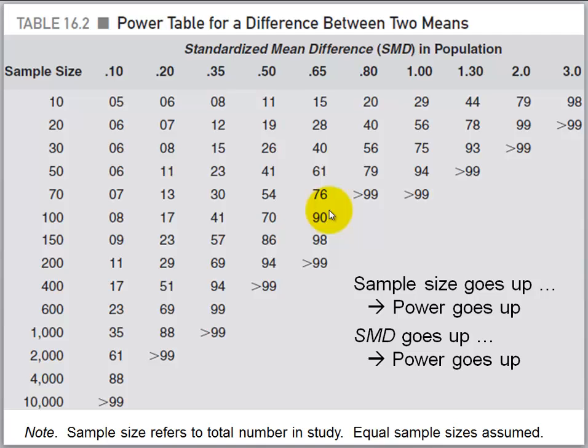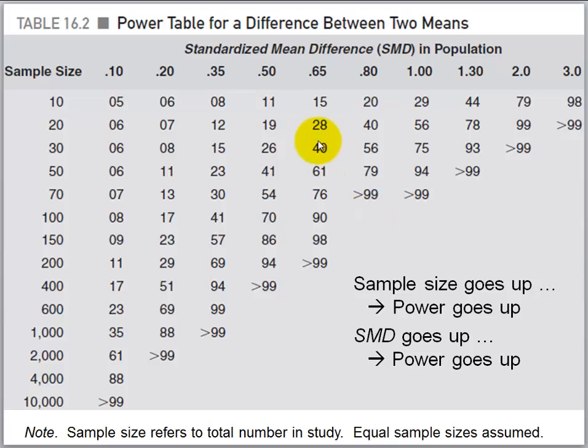So this is very good power, and our probability of a type 2 error here would be down to 0.10 or 10%. Now, suppose that sample size stays the same, but that we take our standardized mean difference up to 0.80. That's in Chapter 9, our categorization for a large difference, and now power is greater than 99%, or greater than 0.99.